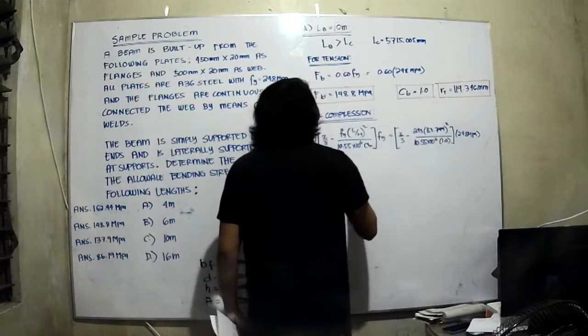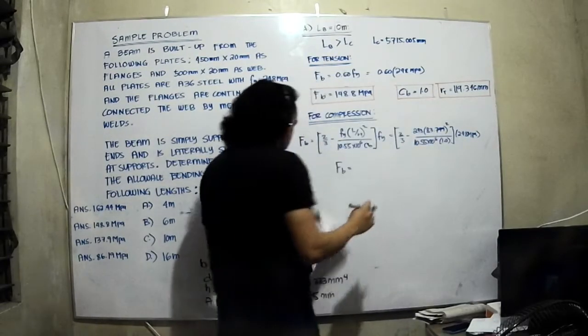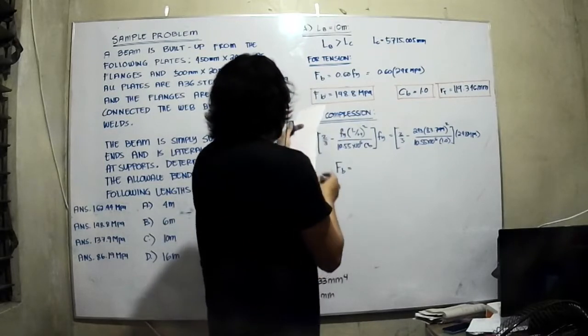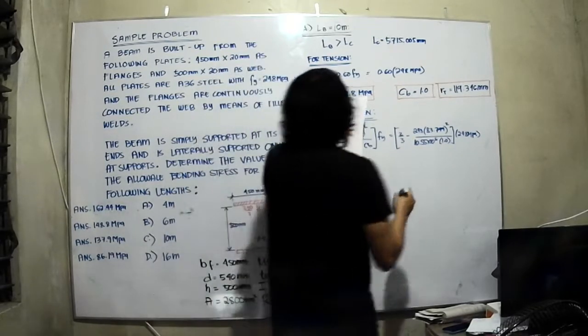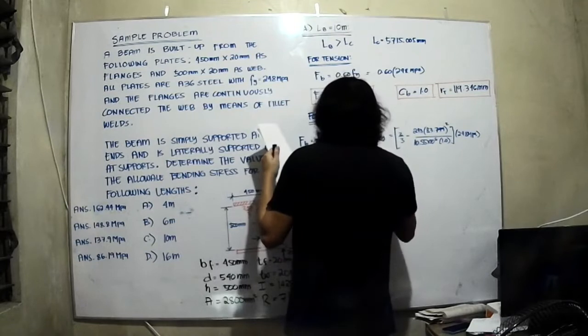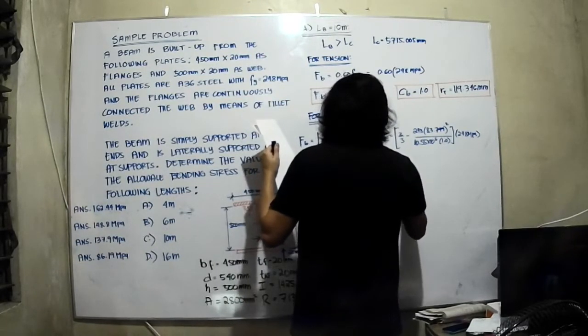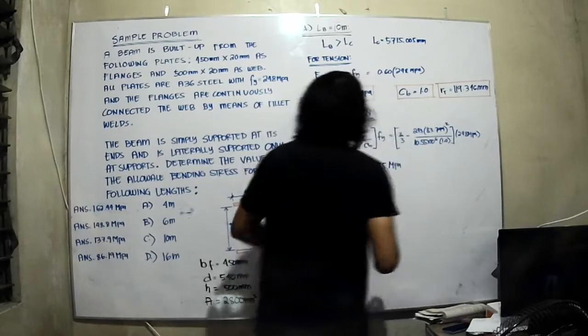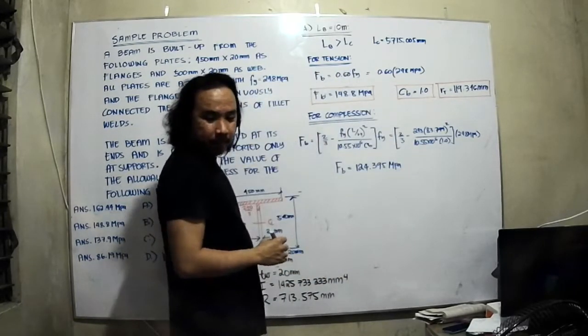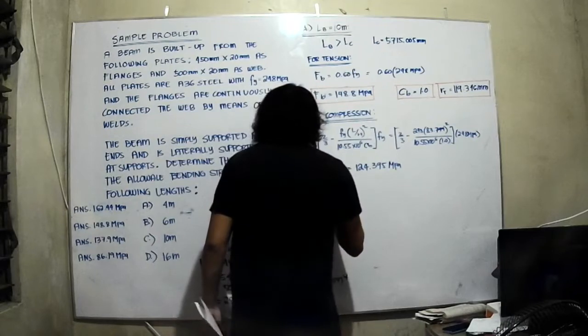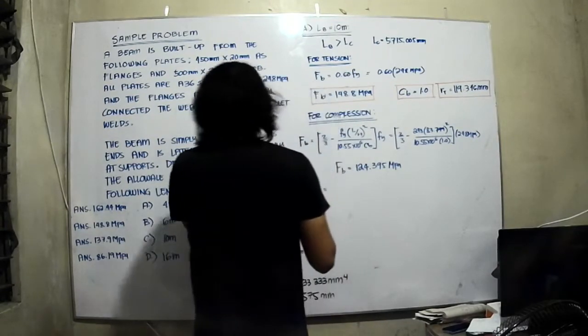Okay, so our FB here will be equal to 124.395 MPa.